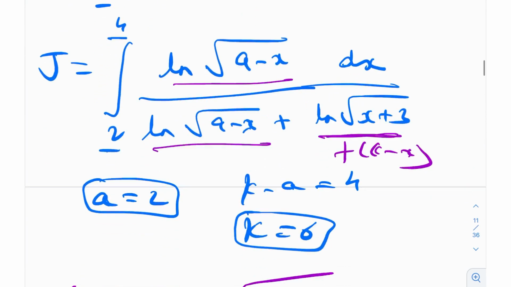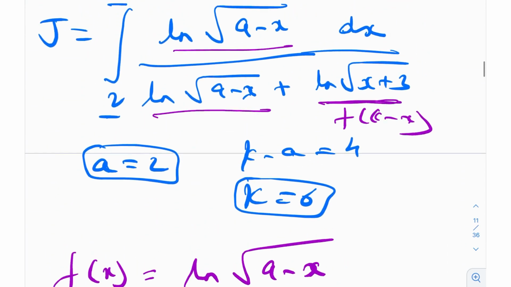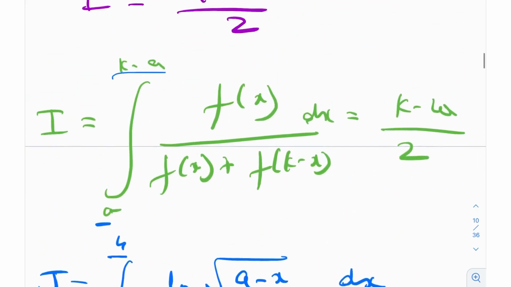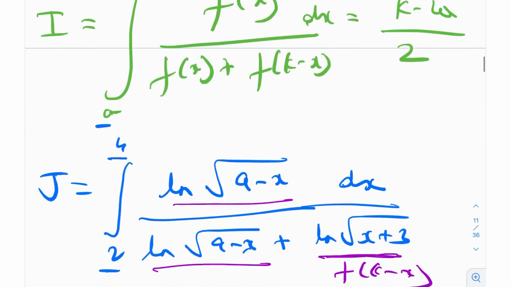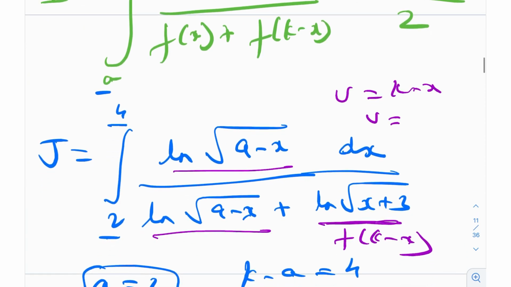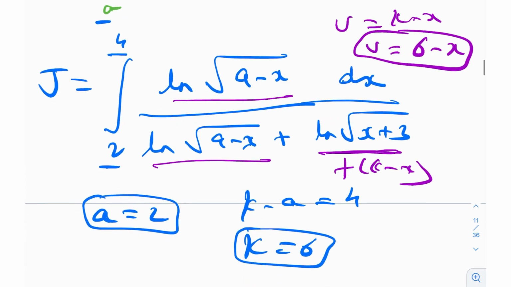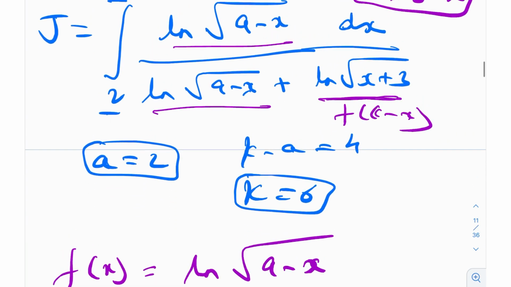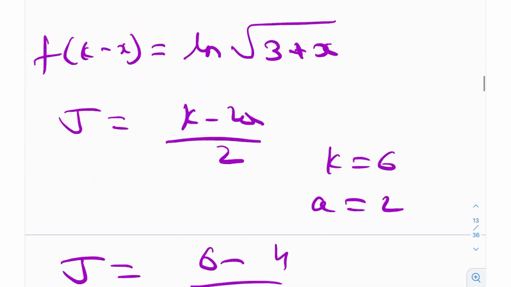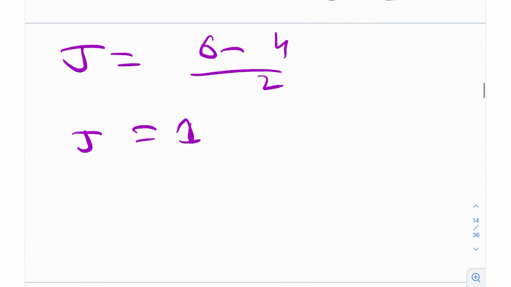Now it so happens that here, in this integral J, you would have to use a u substitution of 6 minus x, because k was 6. And when you look at this, the number 6 does not resonate anywhere in the integrand. 6 is the sum of limits. That's the only connection. But if you can think of that substitution in the exam, I think that's a pretty good substitution, right?